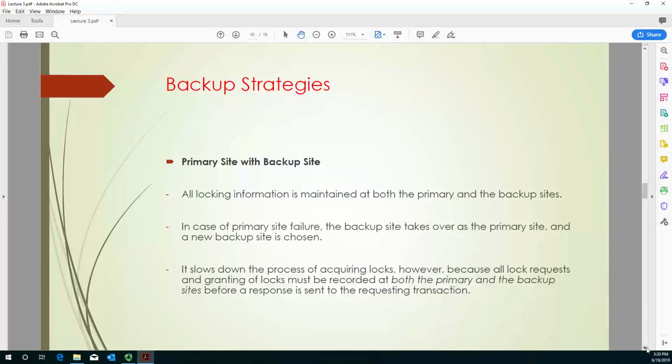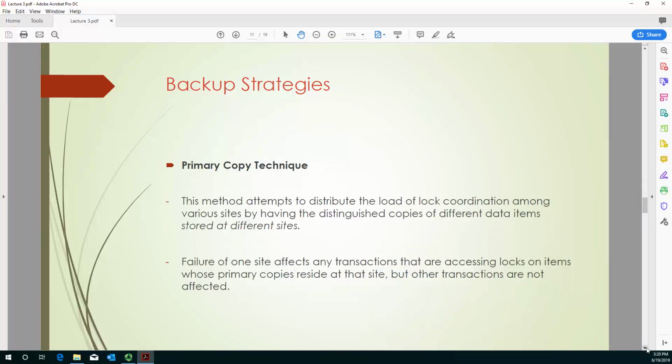But when you are dealing with a huge hospital network, you're dealing with millions of records. Okay. So you have a primary site and a backup site. Many times that could be multiple backup sites. And backup sites have a mirror image of the copy of data that is contained in the primary site.